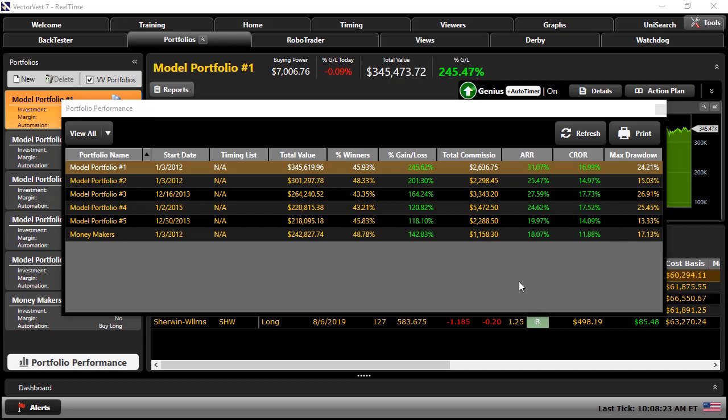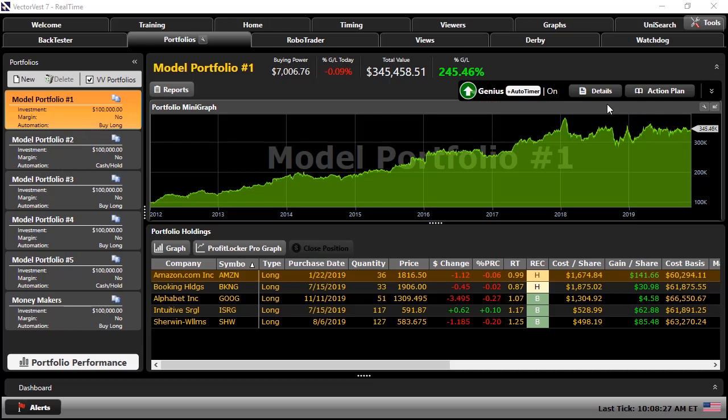So these are the macro performance numbers since the inception of the portfolio. But let's also take a look at the equity curve of the portfolio, in particular how the portfolio has performed in the near term, particularly this last year. Remember, we had the market correct into the end of 2018.